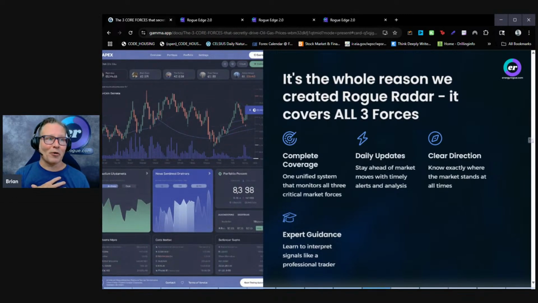We actually created it for ourselves, and then we packaged it up and put it out to the marketplace as an offering for those that are serious about trading oil and gas, natural gas, refined products such as heating oil, MoGas, NGLs such as propane, ethane, butanes.